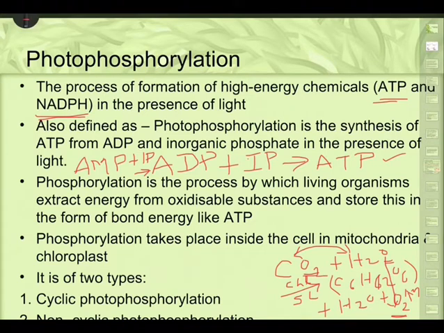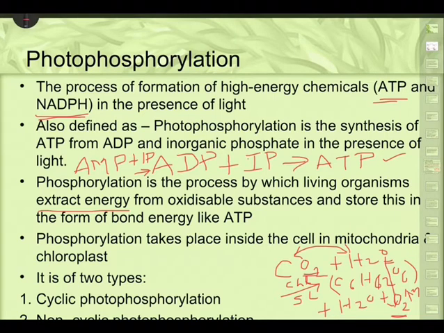PS1 has P700, where 700 is the wavelength in nanometers, and PS2 is 680 nanometers. So in PS1, if it is ATP that is formed, in PS2 it is NADPH that is formed. Okay, so just read this, then we will go back to cyclic and non-cyclic.